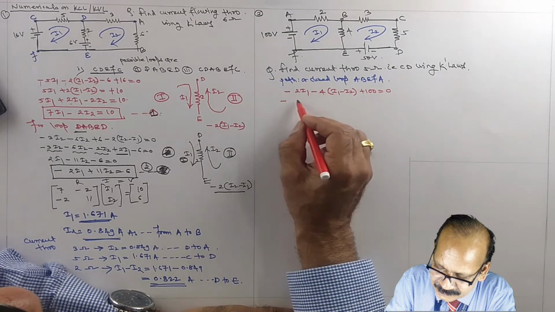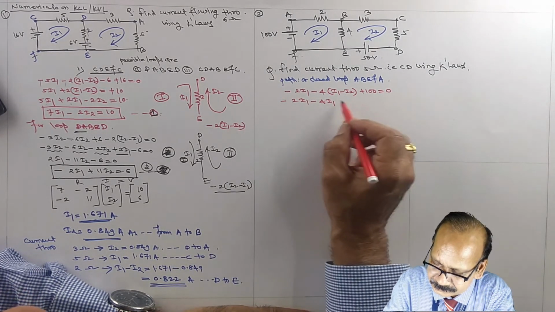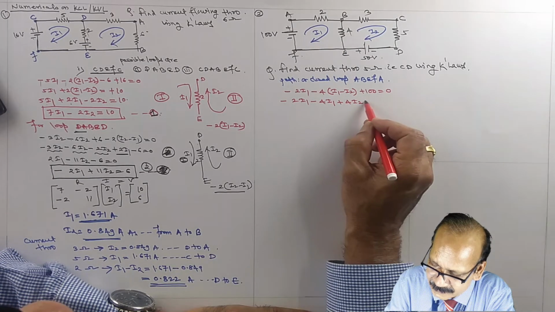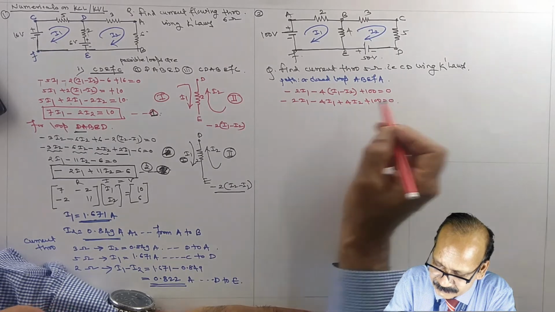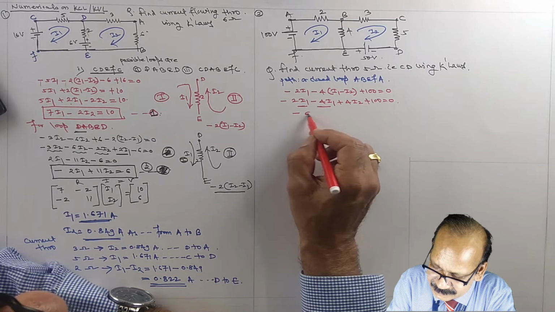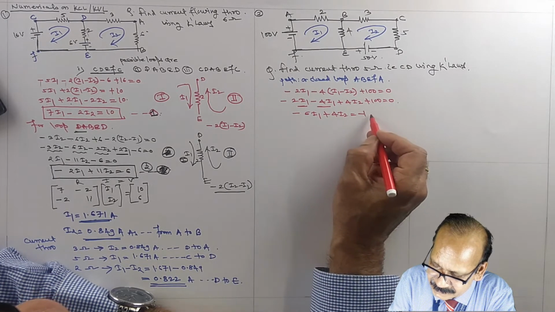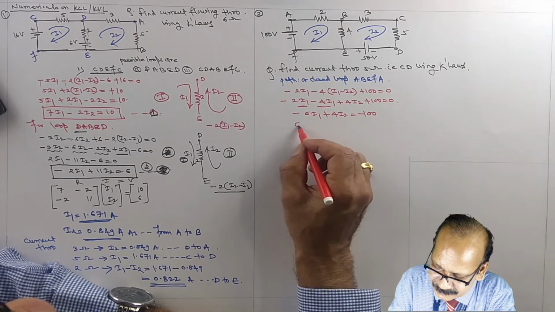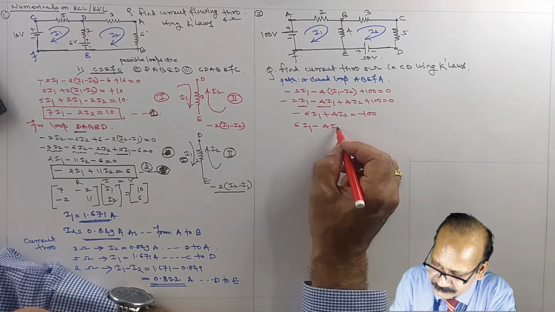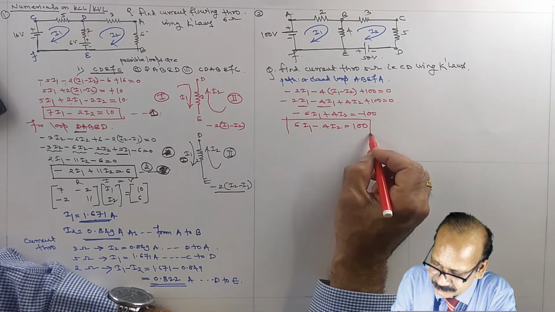So here it is minus 2I1, minus 4I1, plus 4I2, plus 100 equal to 0. Club together: minus 6I1 plus 4I2 equal to minus 100. Simplify: plus 6I1 minus 4I2 equal to plus 100. This is equation 1.